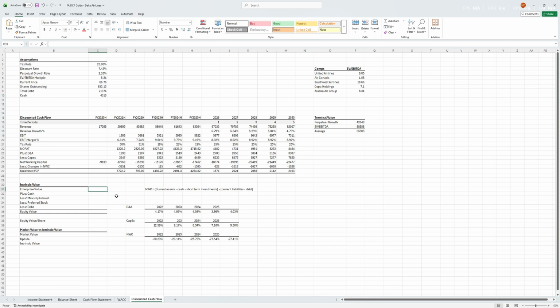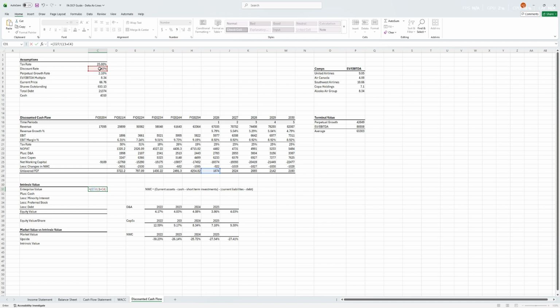So for enterprise value, let me fill this out right here. We're just going to do equals, put a parentheses right here, first year of future projected free cash flows. We're then going to divide that by parentheses, I'm actually going to do 2 parentheses here just to make sure, 1 plus the weighted average cost of capital, which is going to be our discount rate right here.